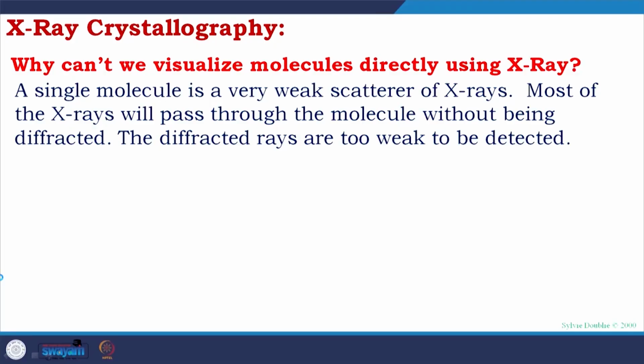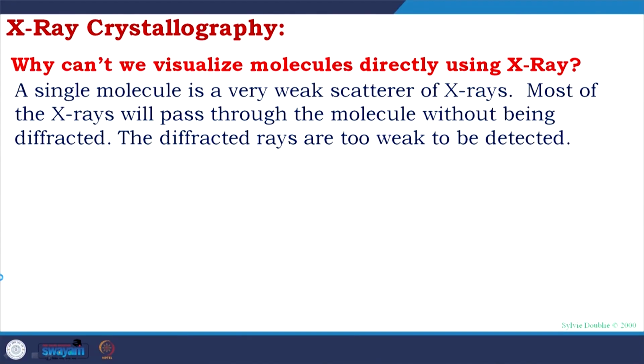That is because a single molecule is a very weak scatterer of X-ray. If you look at the technique, we will go into in-depth analysis. You will see that the basis of the X-ray crystallography technique is that the X-ray is coming, hitting carbon, nitrogen, oxygen in the crystal, and it is diffracting.